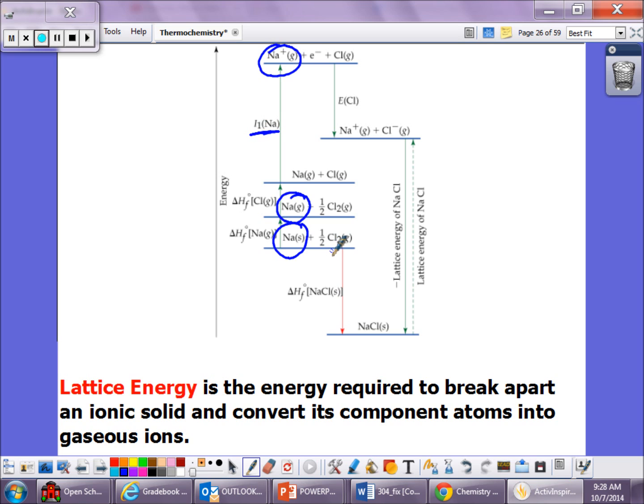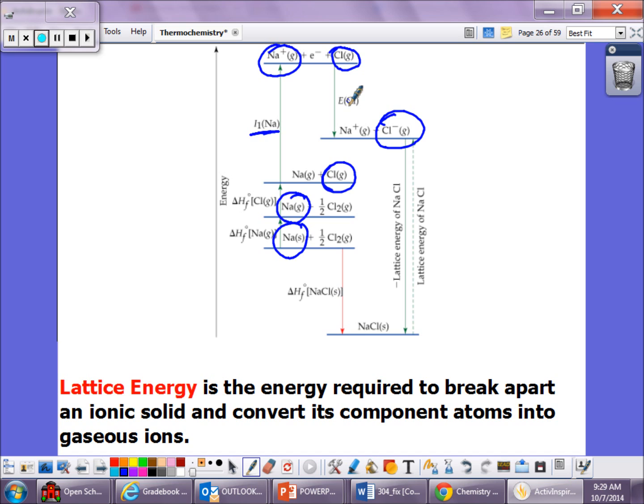This is your chlorine. It is a diatomic gas. Alright, you need to break it down. You need to dissociate it into just Cl, not Cl2, just Cl. And then that Cl will need to accept an electron to become Cl minus. That's what we call electron affinity.